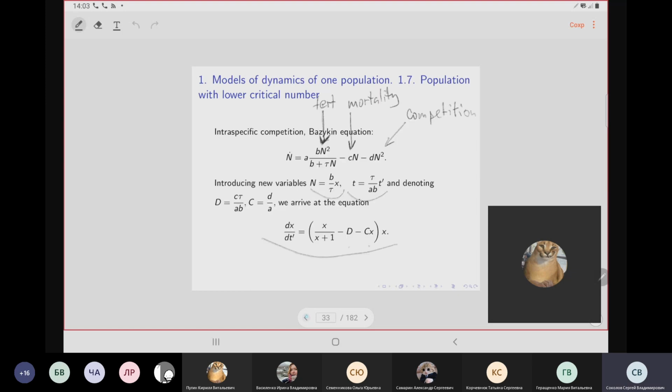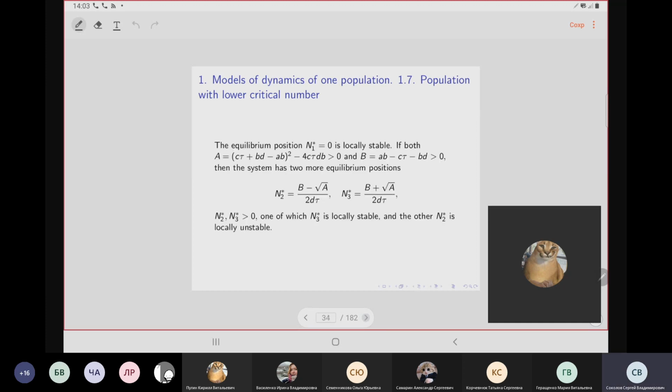The first one is trivial when x is equal to 0, and if x is not 0, then we get the equation of the second order that has not more than 2 solutions.